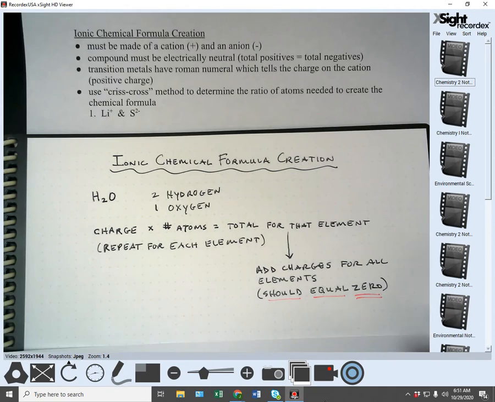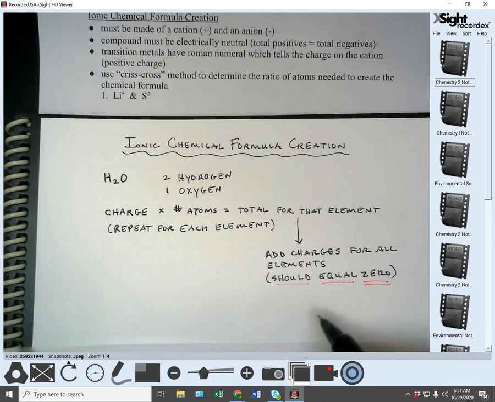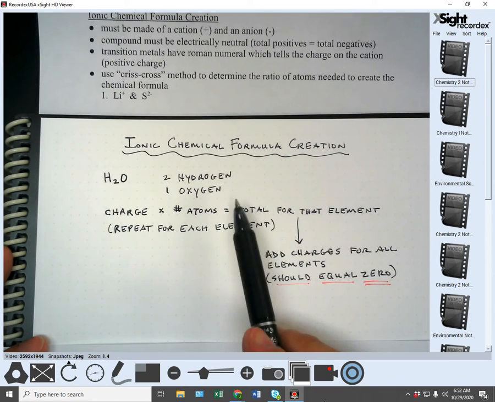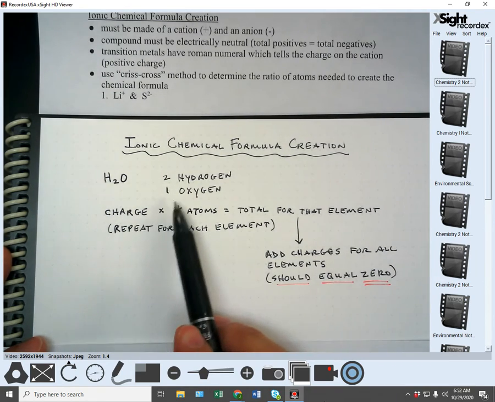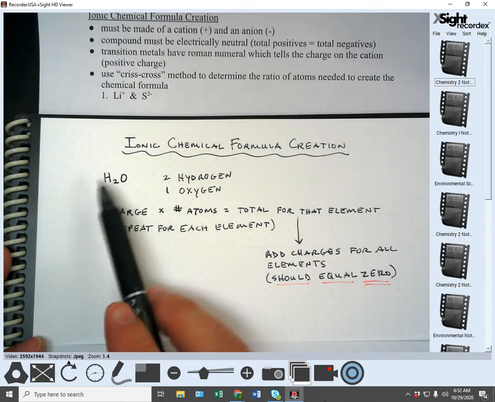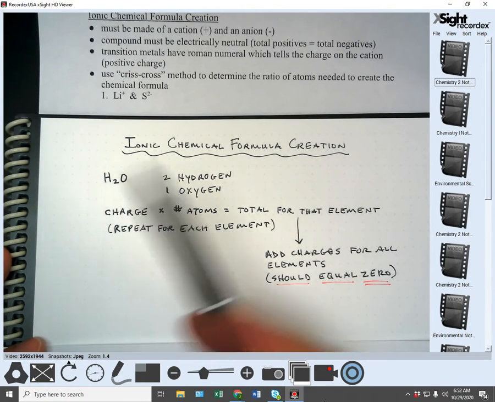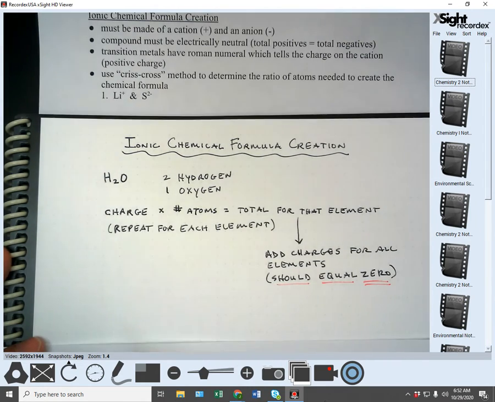So let me show you. Well, this is actually kind of a bad example because water is a covalent compound, but for a weird reason, it actually works with water. So I'll show that on here.